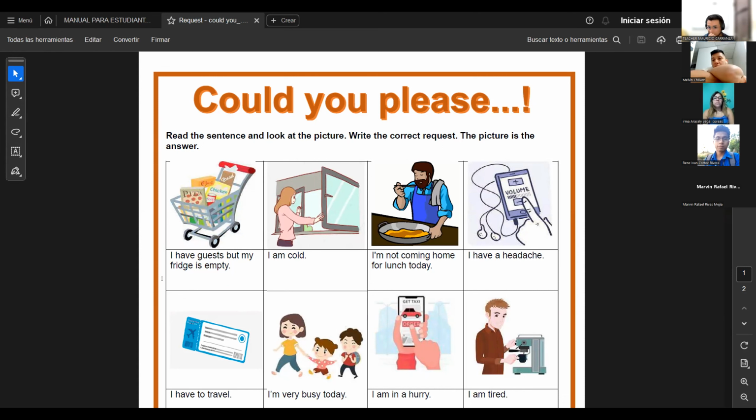To the supermarket. One more time. Could you go to the supermarket, please? Right. So that could be one.